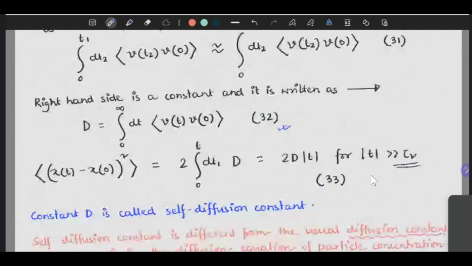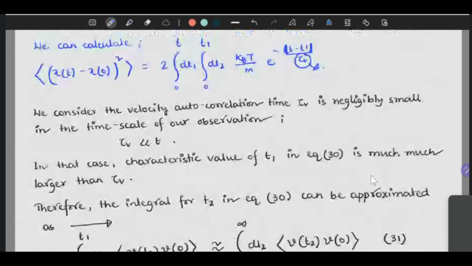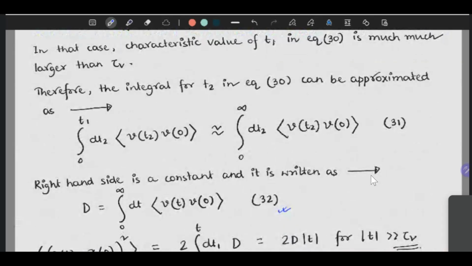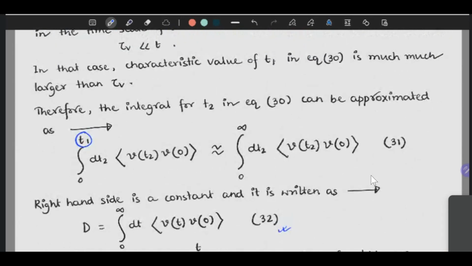Okay, so think about this logic. What we have done here is integrate over t1, but this t1 is very very much greater than tau v.